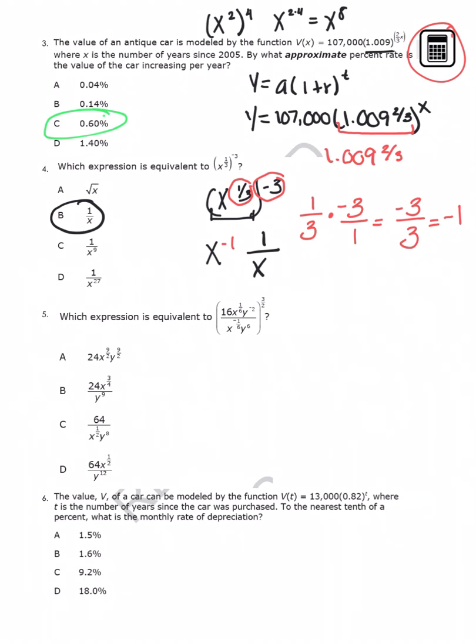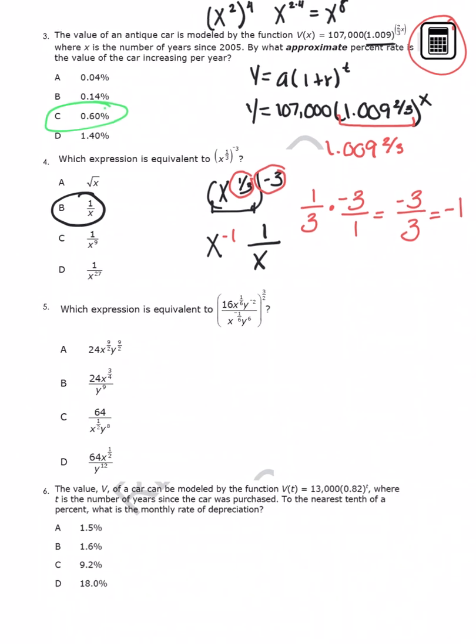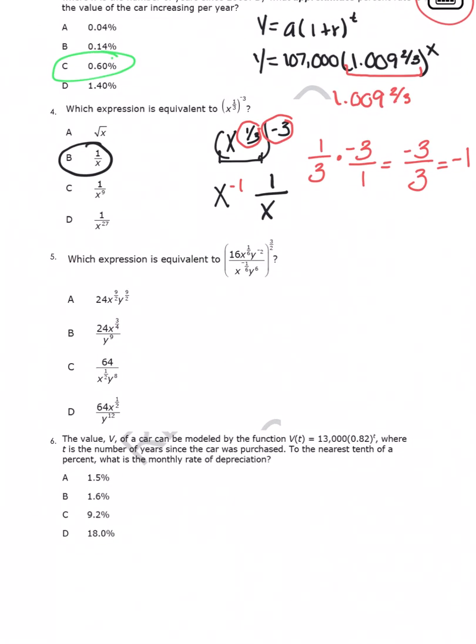Number 5 is also throwing those fractions in there with those exponents, just to make sure that we hit everything that could be on your EOC. So let's look at number 5 with all these fractions. We also have exponents inside of the parentheses and outside. That means it's that wonderful power to a power law again.